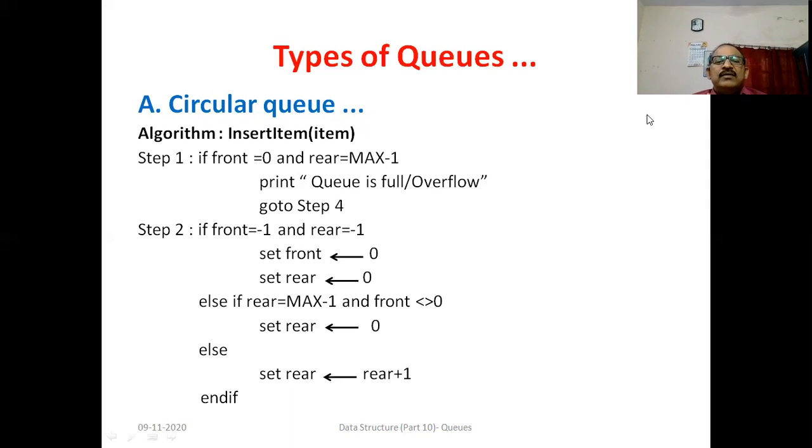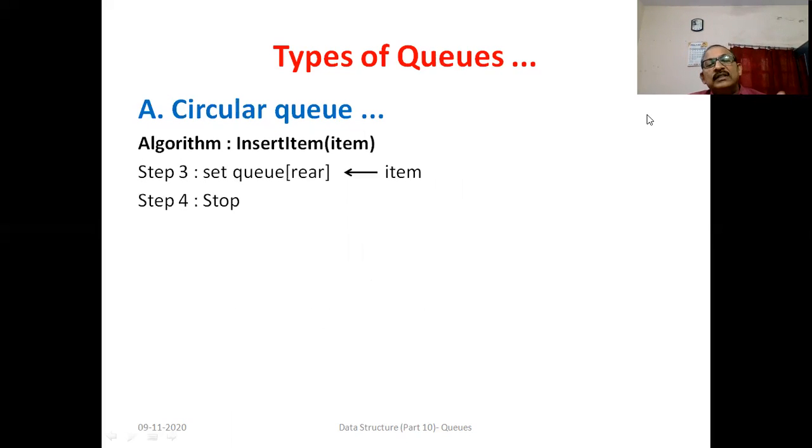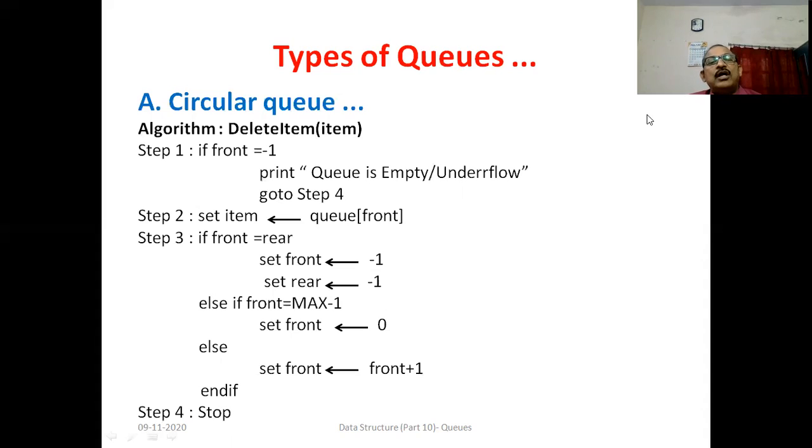Next, if front is equal to -1 and rear is equal to -1, we simply set front equal to 0 and rear equal to 0. Else, if rear is equal to max minus 1 and front is not equal to 0, in that case we set rear equal to 0, else we increment rear by 1. Next step, set queue[rear] equal to item. Next step, stop.